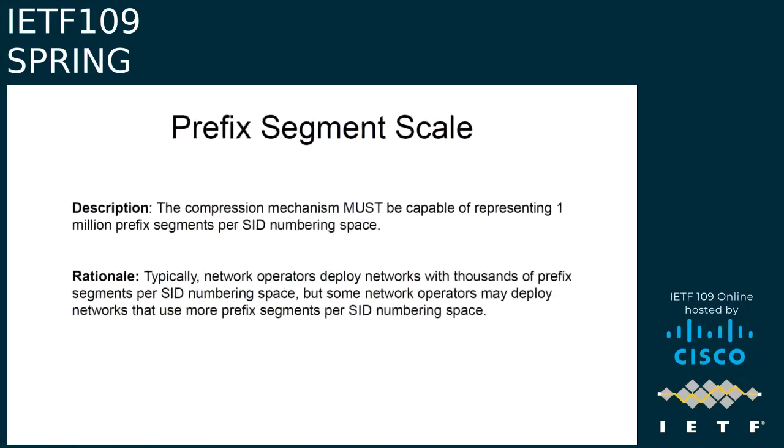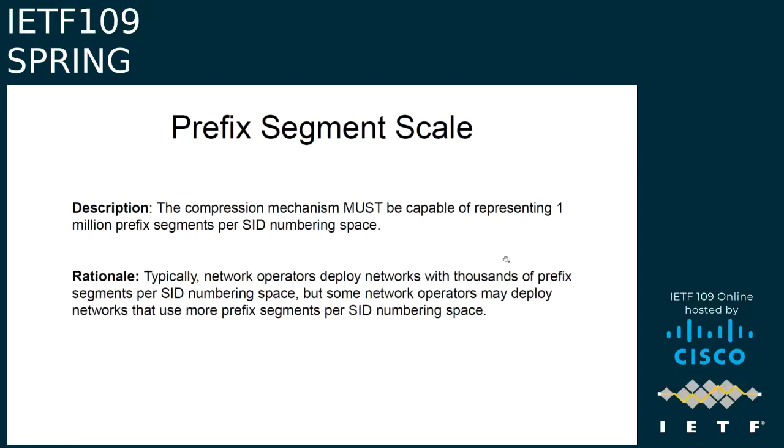For the prefix segment scale, we hope the compression mechanism can represent 1 million prefix segments. Of course, for the typical application scenario, we may need to deploy networks with thousands of prefix segments, but we have to meet the corner case requirement.